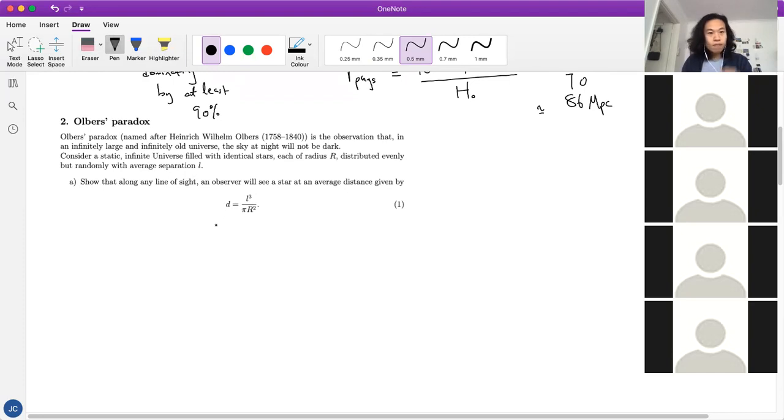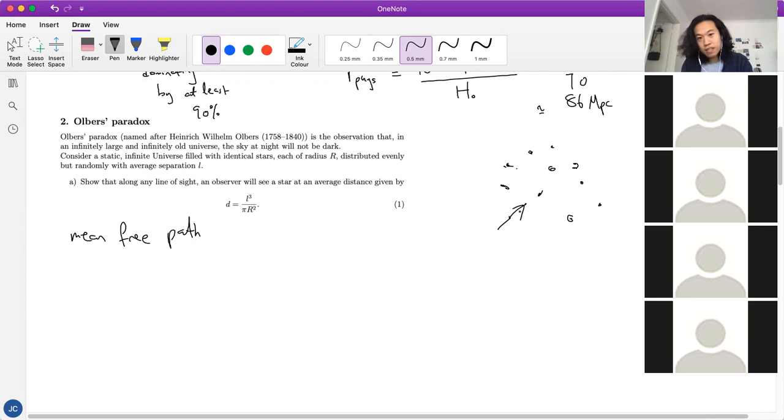So, along any line of sight, and the stars are randomly distributed, you can imagine this to be a mean-free path question. It's similar to having a random distribution of particles, and then I put a test particle going through this distribution.